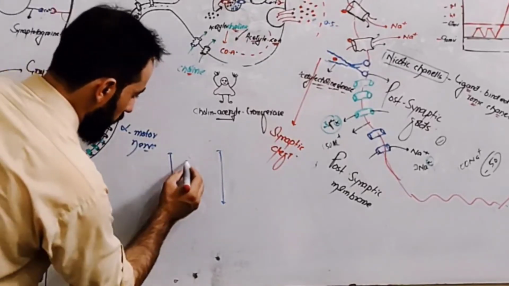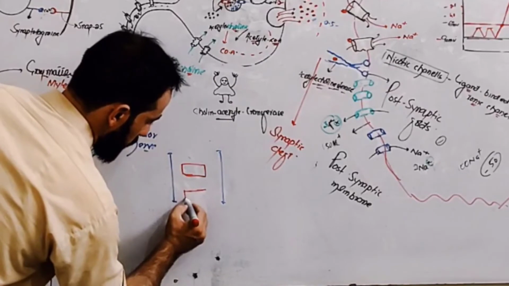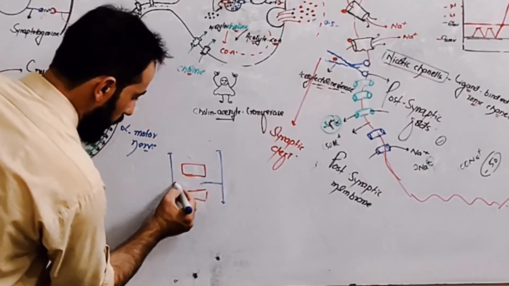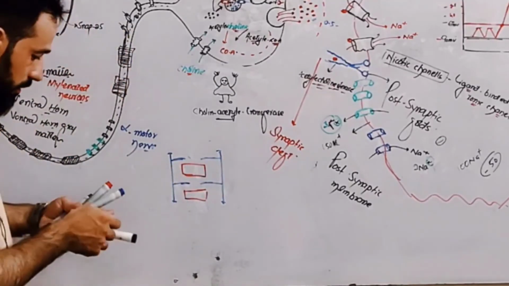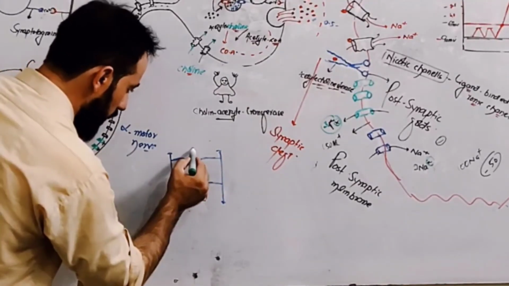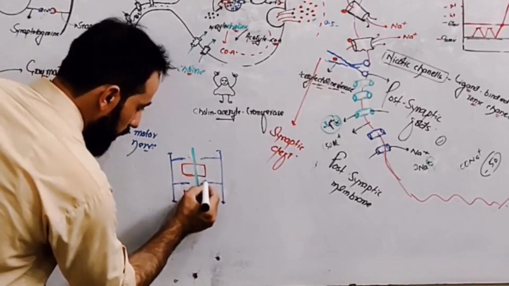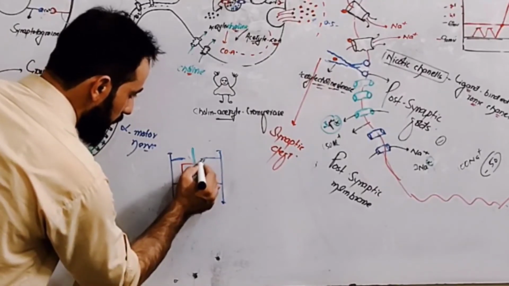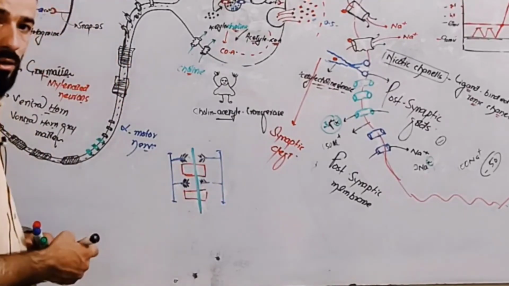And between the Z lines, thick filaments were there, right? And in between the two thick filaments there were thin filaments, right? This was the structure of the sarcomere, and here was our M line, and on these thin filaments there were myosin filaments present. You know, myosin filaments were there, right?